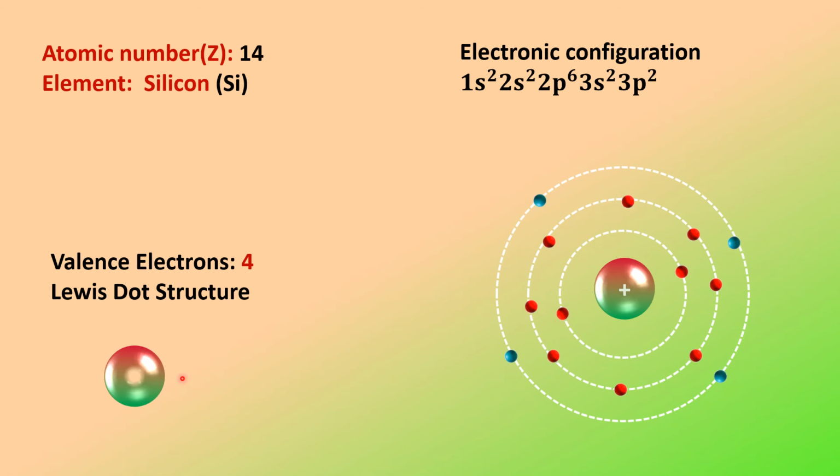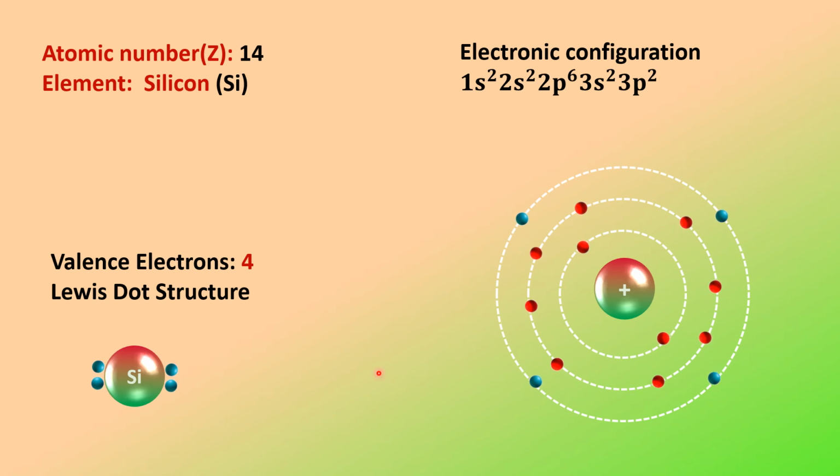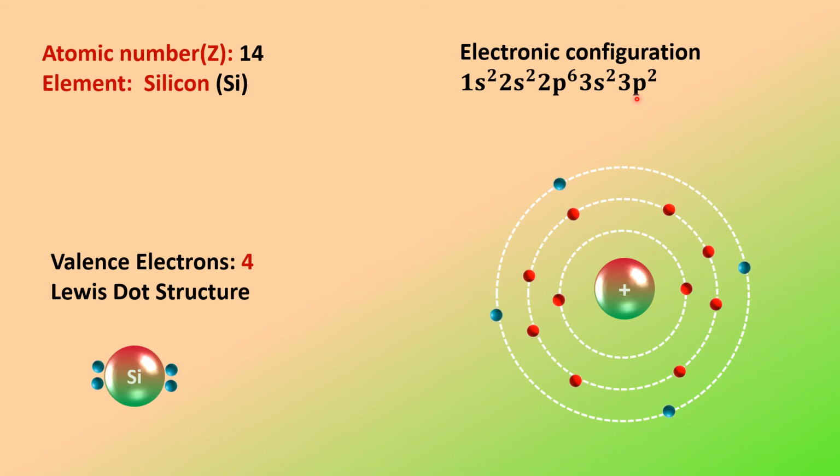This is the silicon nucleus. These are the 4 valence electrons, 3s2, 3p2. The next element is phosphorus.